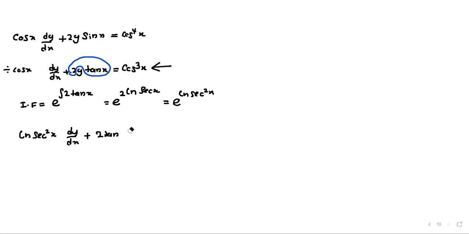It should be this way: e to the power ln sec squared x dy by dx plus 2 tan x e to the power ln sec squared x y equals e to the power ln sec squared x into cos cube x. That's a fact we need to understand here. Right, okay. Now let's go ahead with the simplification.